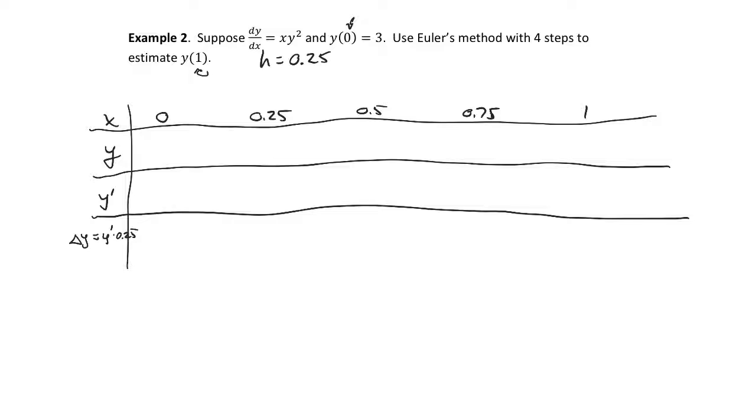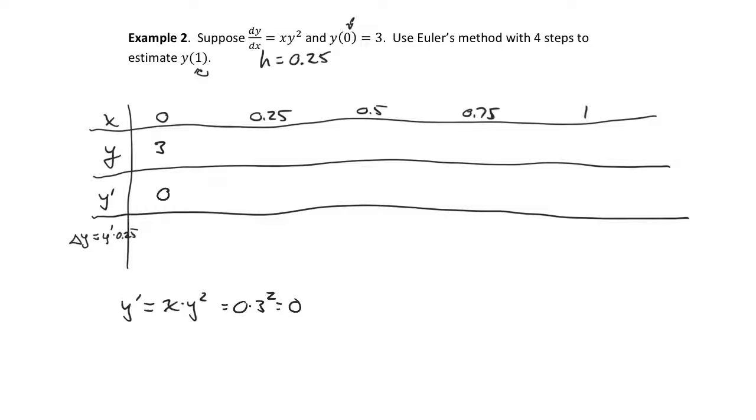So we knew that when x was 0, y was equal to 3. So y prime, or we say dy/dx, is x times y squared. Our x is 0. So we're going to multiply 0 by 3 squared, which is 0. So y prime is going to be equal to 0.